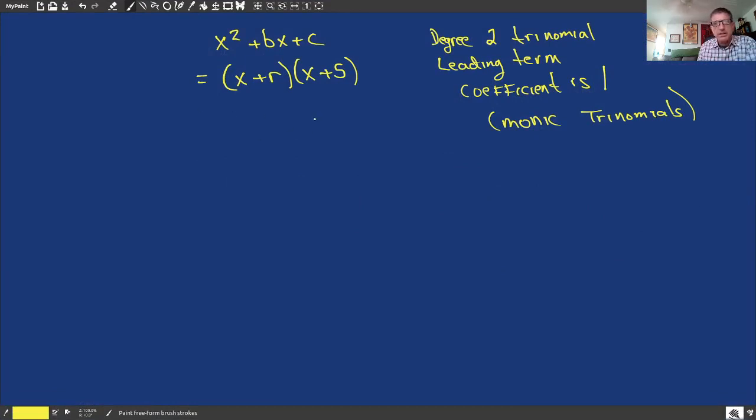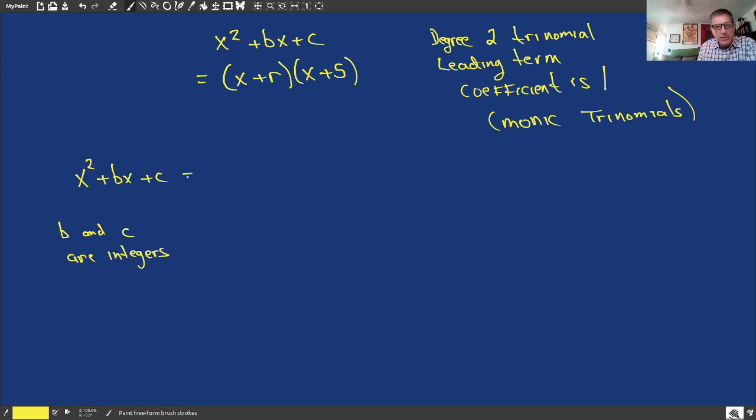So actually, let's take a look at this. This is what I have. In general, x squared plus bx plus c, where b and c are integers, that's positive or negative whole numbers.